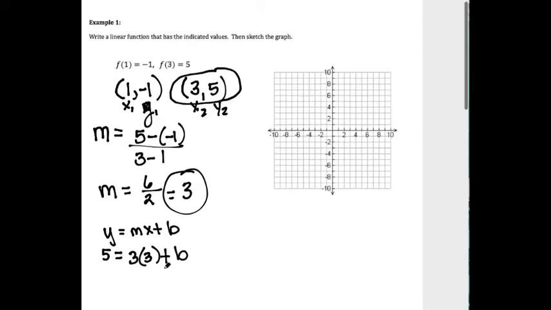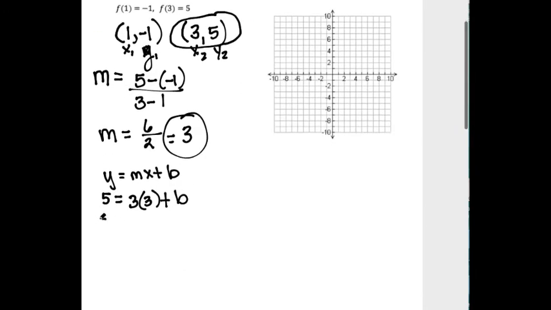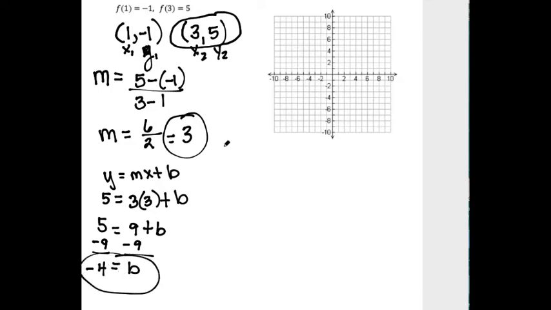That gives me 5 equals 9 plus b. I'm going to subtract 9 from both sides, and that leaves me with b equal to negative 4. Now that I have my b and my slope, my equation is y equals 3x minus 4.